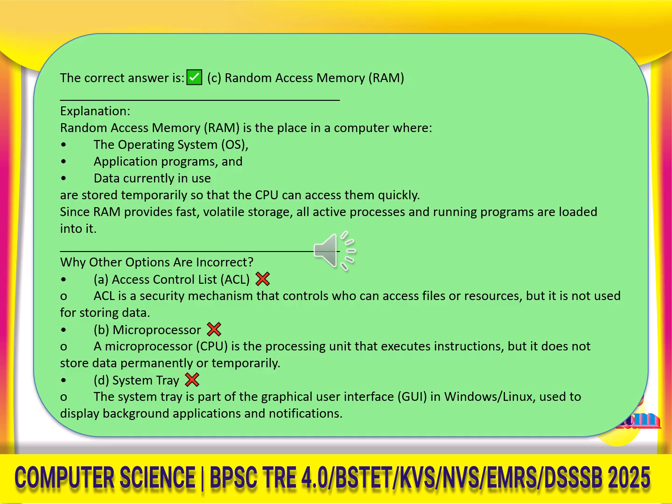A microprocessor, CPU, is the processing unit that executes instructions, but it does not store data permanently or temporarily. D. System tray. Incorrect. The system tray is part of the graphical user interface, GUI, in Windows, Linux, used to display background applications and notifications.